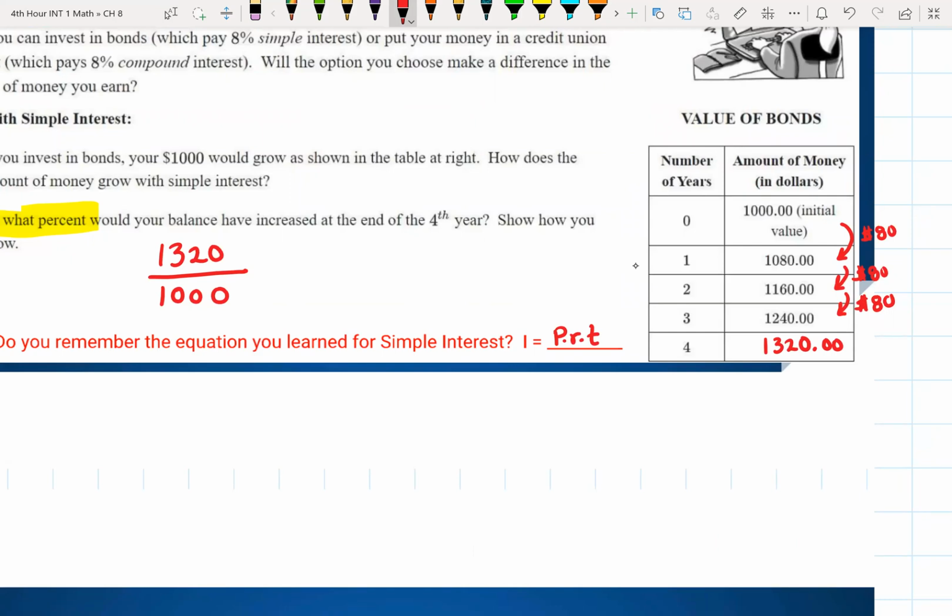That's going to give you a value of 1.32. So what does that mean? It means that if you multiply that 1,000 by 1.32, you'd get 1,320, or you've gone up 32% increase from your original investment of 1,000. That's a huge increase.